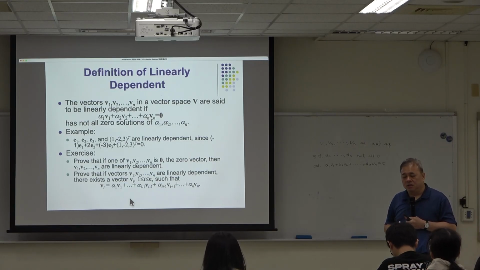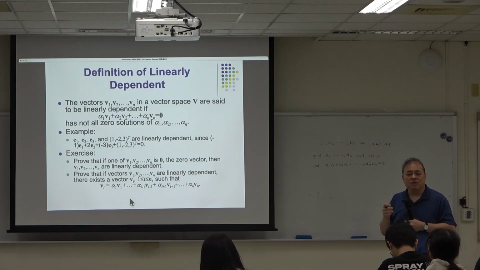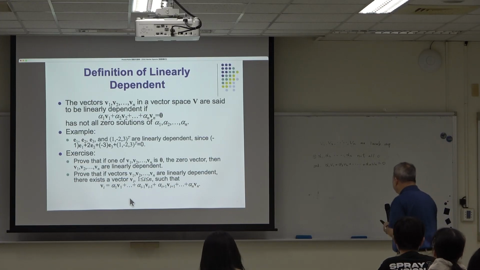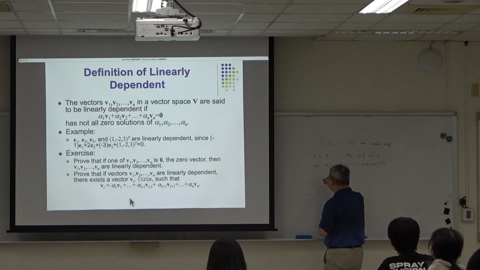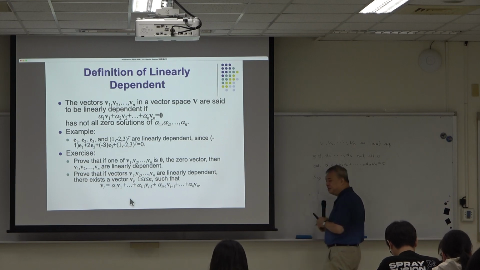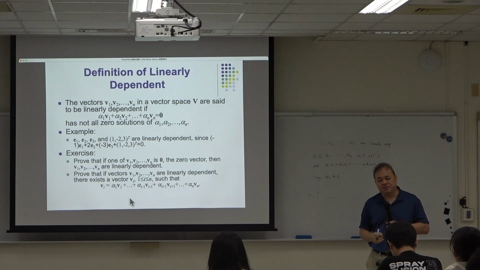Since these alpha i are not all 0, there must exist one alpha i that is not 0. Okay, alpha i is not 0.